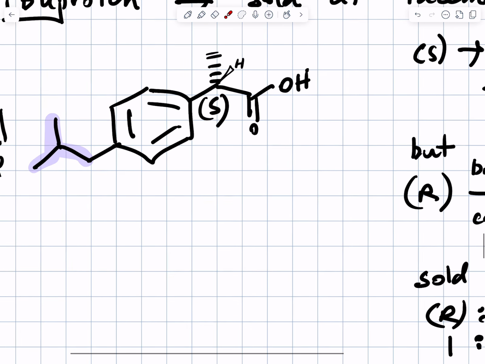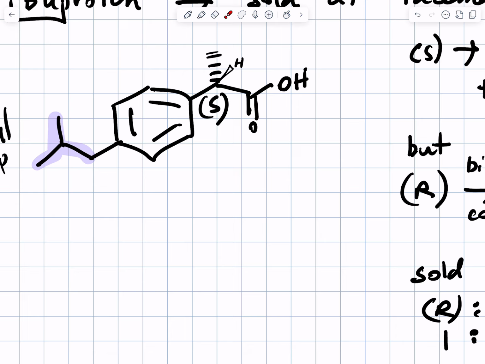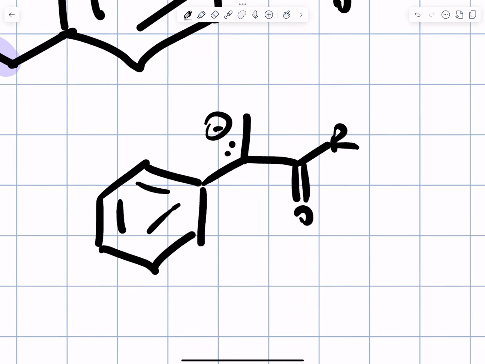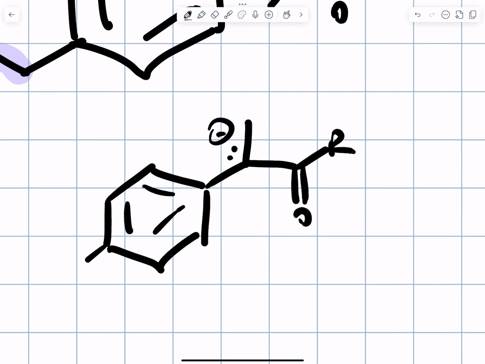And once you remove that proton, you get to an intermediate. I'll just give you an example of what the conjugate base would look like if you remove that proton. Having removed that proton to generate this resonance-stabilized intermediate, you just lost the stereocenter there. That's now planar, sp2 hybridized. It can be reprotonated from either side.